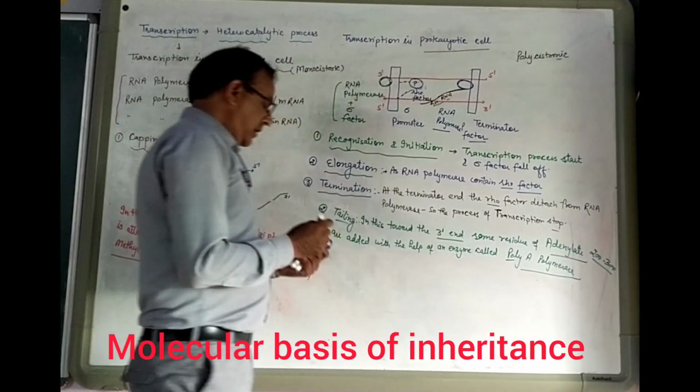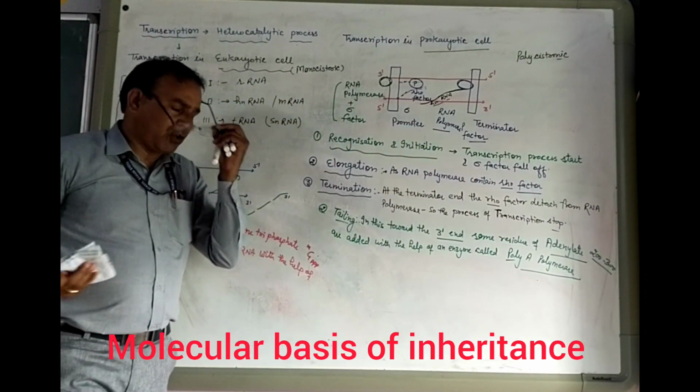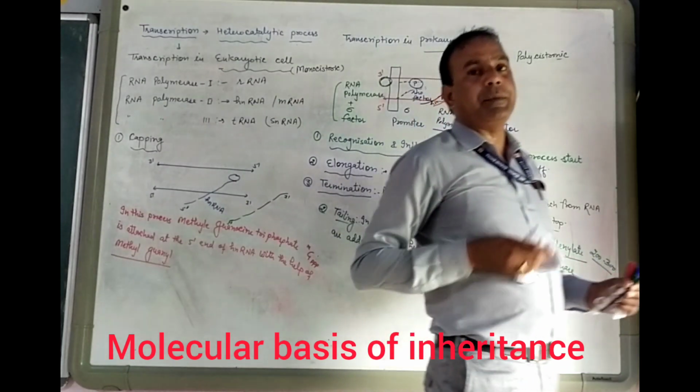This is called tailing. So there is no change occurring towards the 5' end and 3' end.